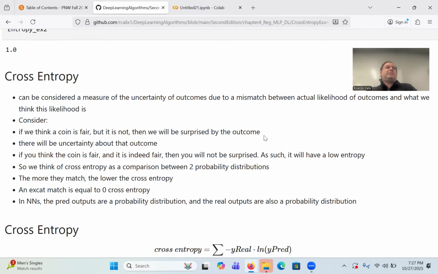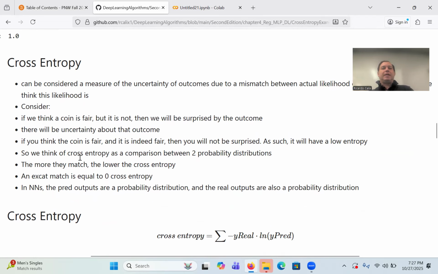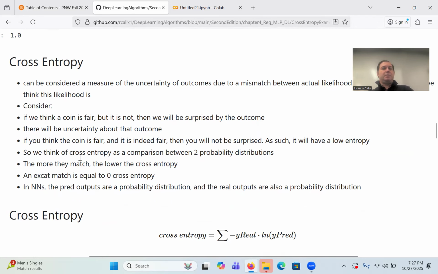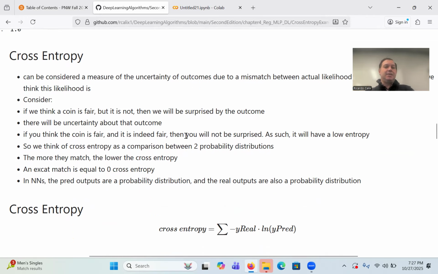Do you guys see that? That's essentially what cross entropy is exploring now. There will be uncertainty about that outcome, and that's what cross entropy measures. If you think the coin is fair, and it is indeed fair, then you will not be surprised. You got what you expected, right? As such, it will have a low entropy.